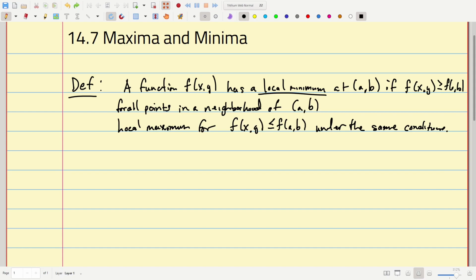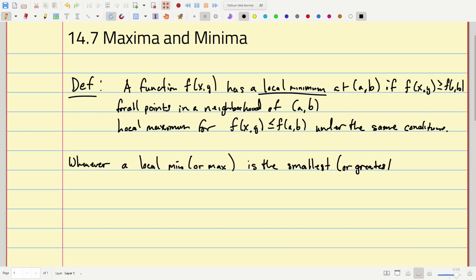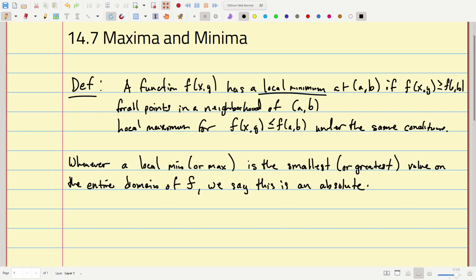Now, if we have a local min or max that is the smallest or greatest on the entire domain, it's an absolute minimum or maximum value.